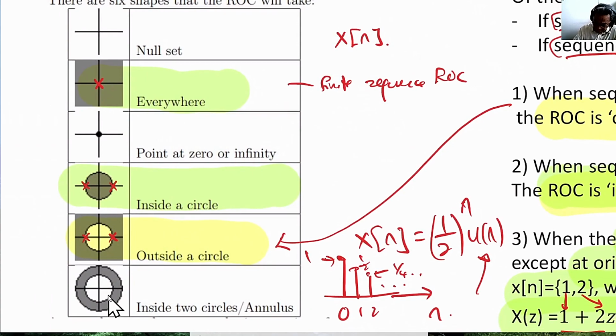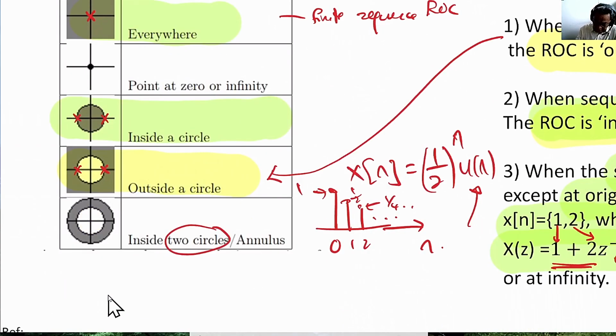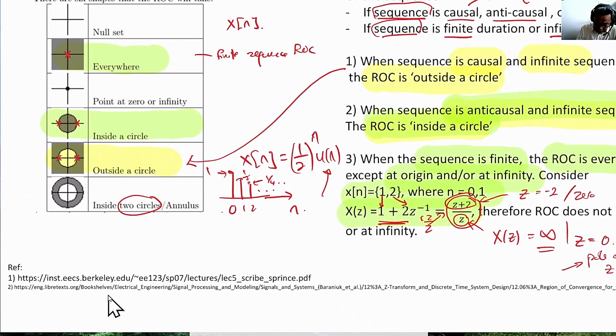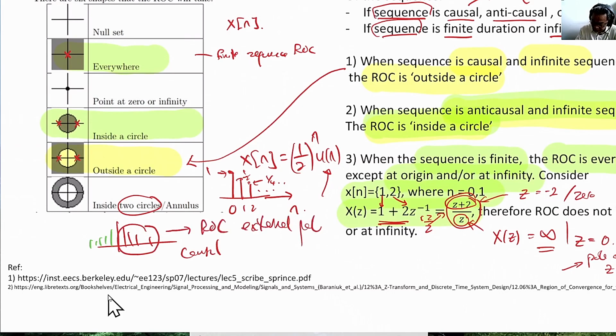Lastly, for the 4th example, when we have 2 circles, it is because we have 2 infinite sequences, one causal and another anti-causal part. In this case, the red sequence here will have an ROC external to a pole, and for the green one, the ROC is internal to the pole.